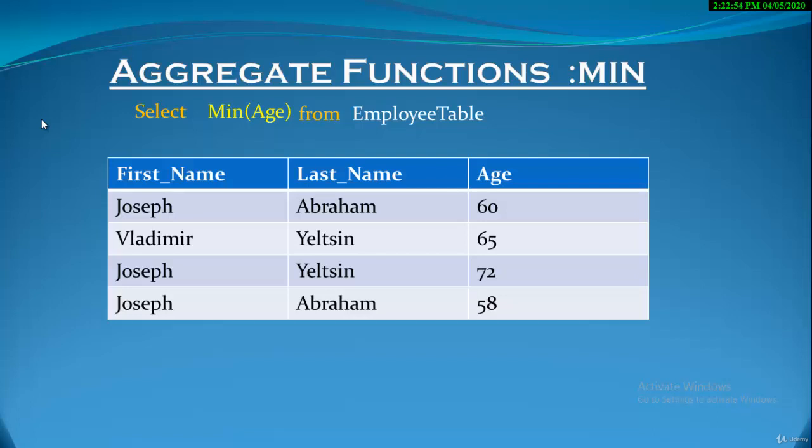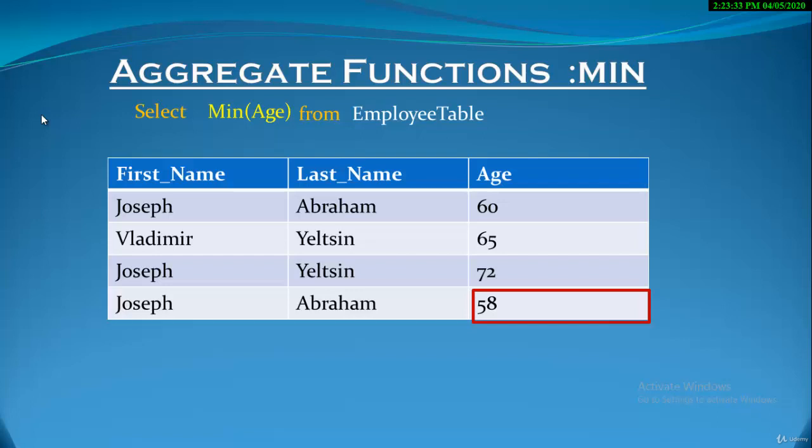Okay. When we execute this query, it will search the minimum value of column age, which is 58, and will return the result as 58.